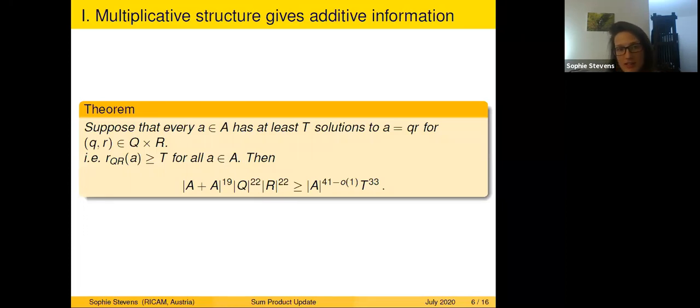That's just written this next line in a different way. Then the size of the sum set to the power 19, times the size of Q to the power 22, times the size of R to the 22, is at least the size of A to the 41 plus some factors of log A, times this number T to the power 33.